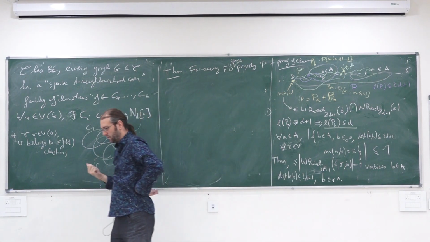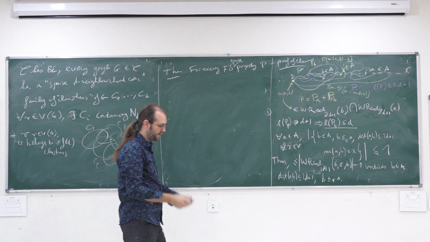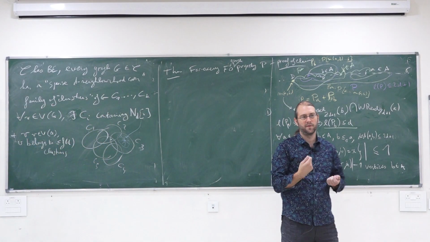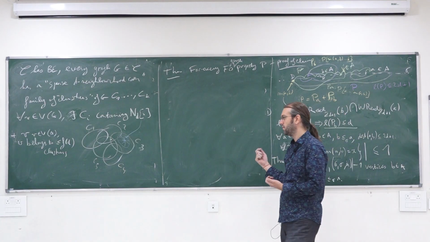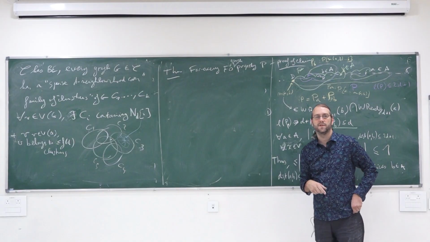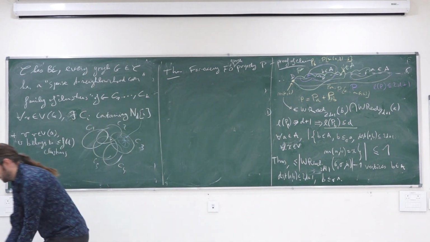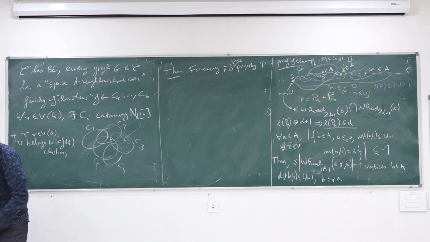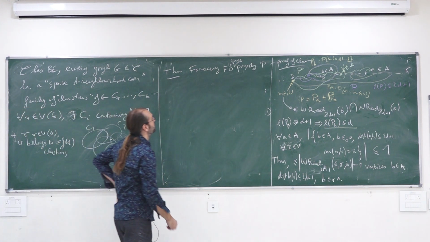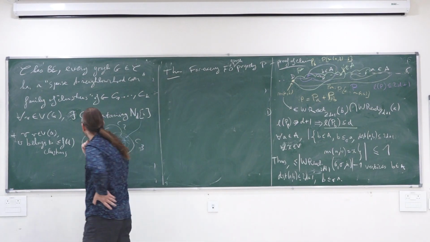First order means you have the vertices of your graph as variables, and you can quantify over them. You can say there exists x1 for all x2, this kind of thing. But you can't quantify over sets. If you quantify over sets, that would be second order, like monadic second order. So this is simple, first order logic. But for example, I think you can express the dominating set in this language.